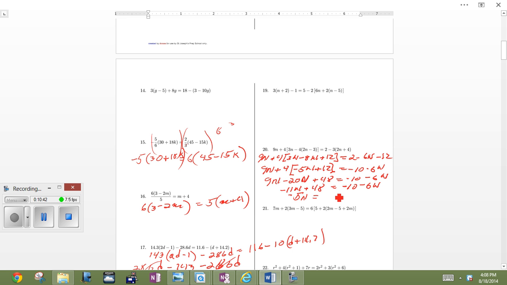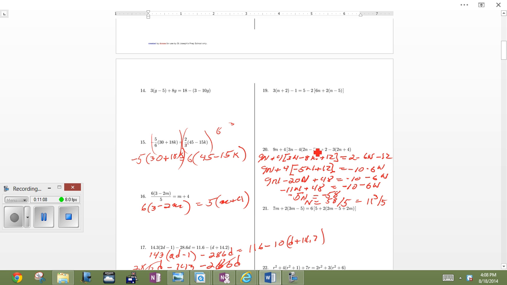So subtract 48 is going to give me minus 58. So then n is going to equal, negative divided by negative is positive, so that's 58 over 5. Okay? Which I guess we can leave it there or change to 11 and 3/5, I guess.